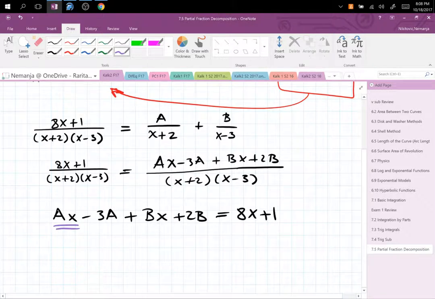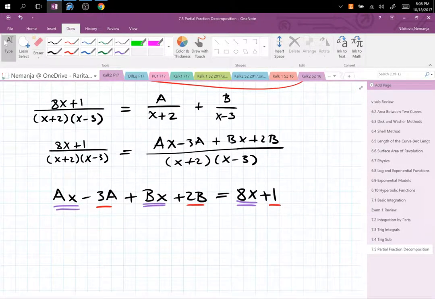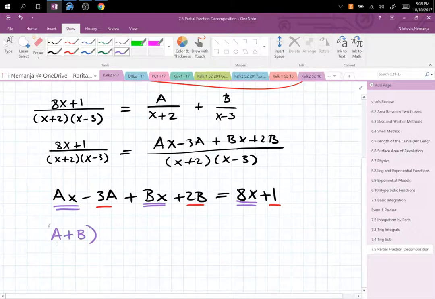Note that you have those with x's, and note that you have those without x's. When you combine these with x's, you get that a plus b times x is equal to 8x.